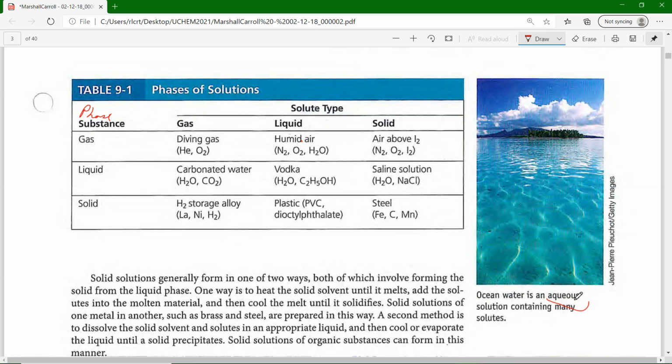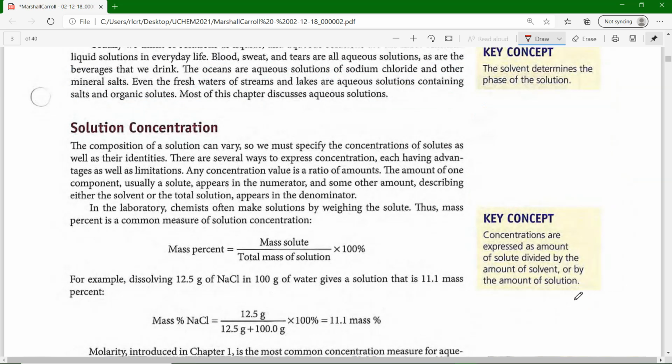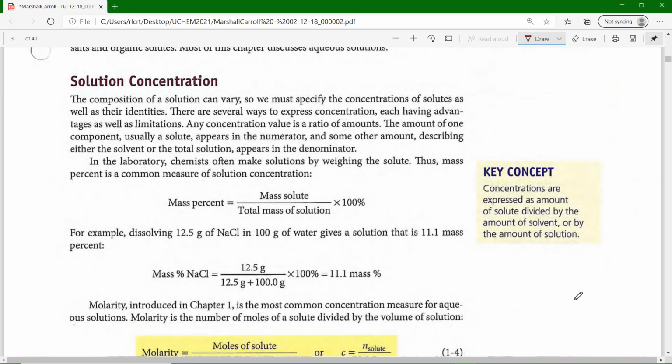So that's a liquid in a solid. We can have solid in a solid, and that's what I think of as like pure alloys, like steel. So you could have manganese and carbon as our solutes, and iron as our solvent. Okay, and then there's methods for how to make these. Okay, and you can read that on your own.